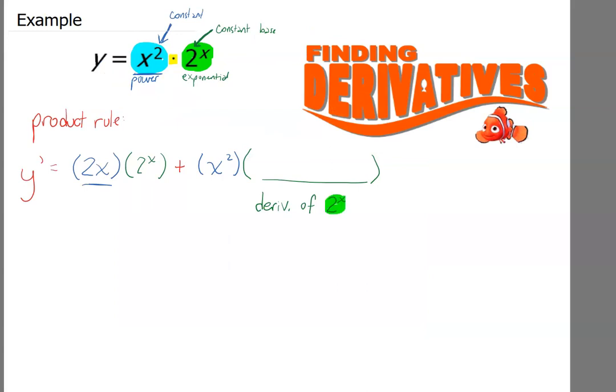So for 2 to the x, my base is 2. So I'm going to think of that as a equals 2. And so my constant multiple in front is going to be natural log of 2, because the base was 2. And the original function, 2 to the x, shows up as part of its own derivative, which is cool.